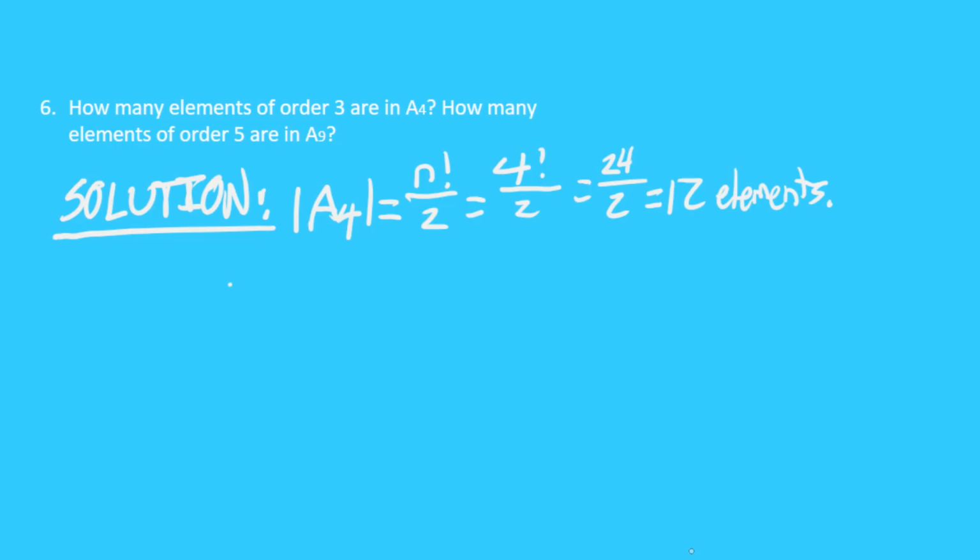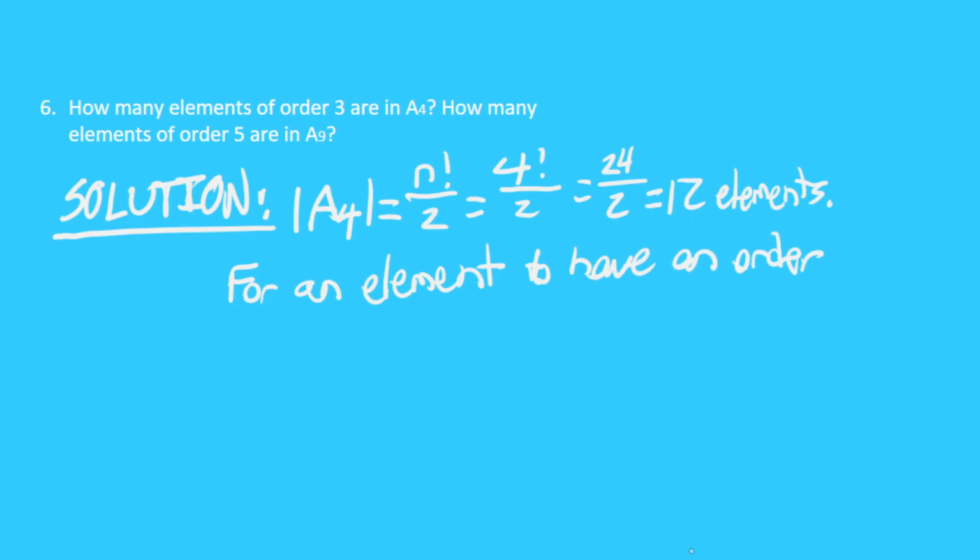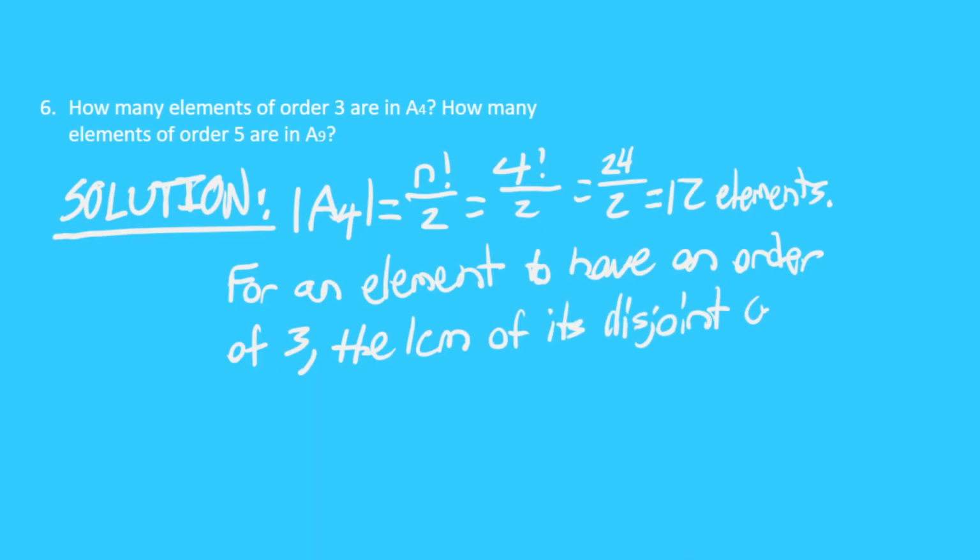So for an element to have an order of 3, the least common multiple of its disjoint cycles must be 3.